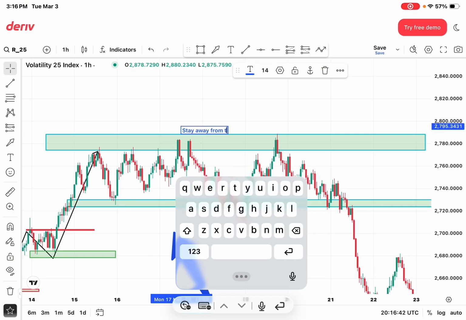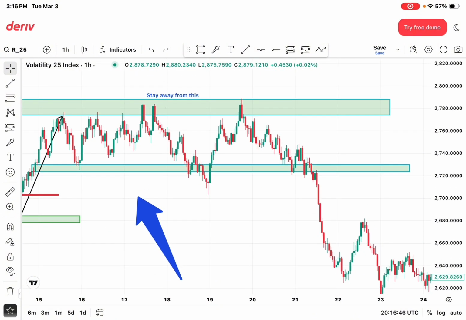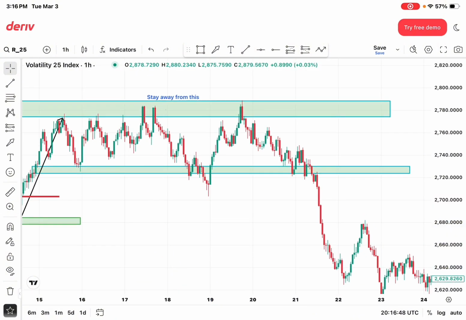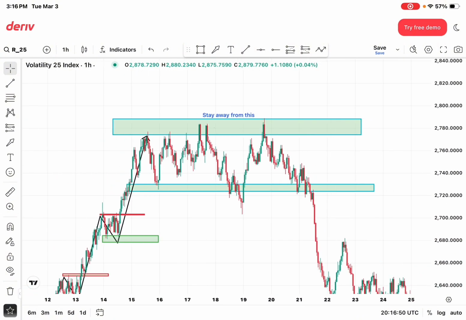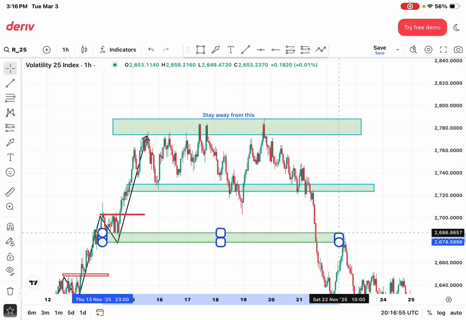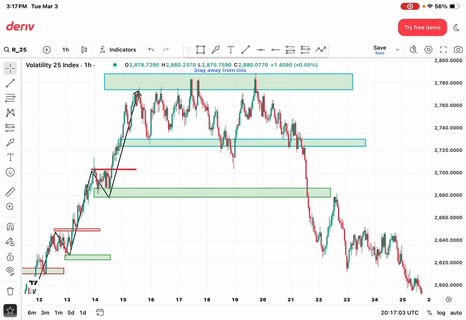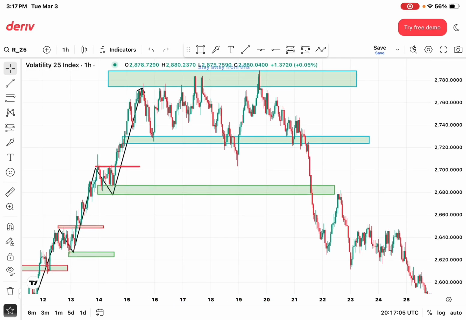Stay away from this. All right. So now let us zoom out. We zoom out right here. Remember when I said that once price doesn't break the previous higher low, we still consider it bullish. Guess what? Right here now, price changes character. You see?